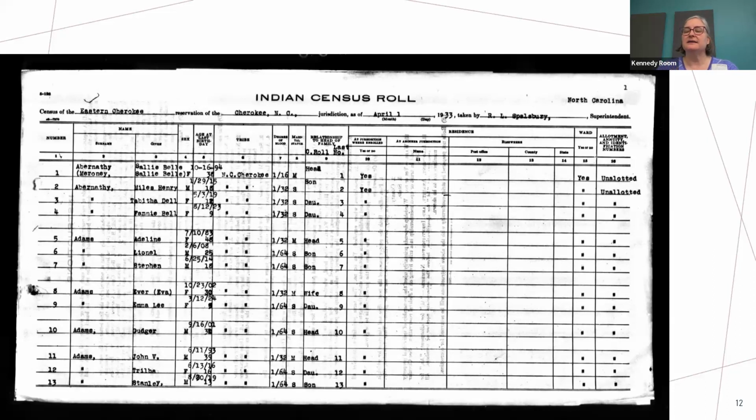So you get the number on the page, you get name, sex, age at last birthday, tribe, because they might not be from that tribe, but they might be living on that reservation. Degree of blood. So this is where blood quotient comes into the mix.